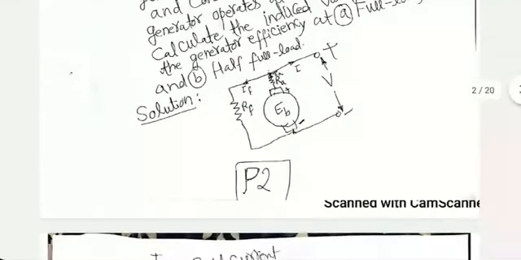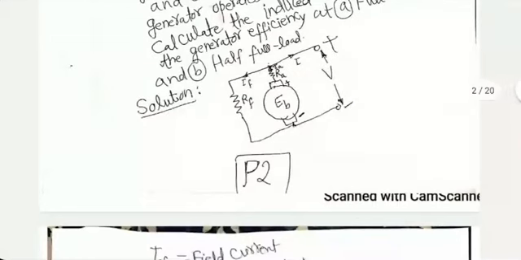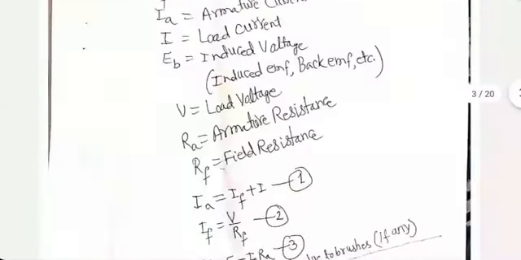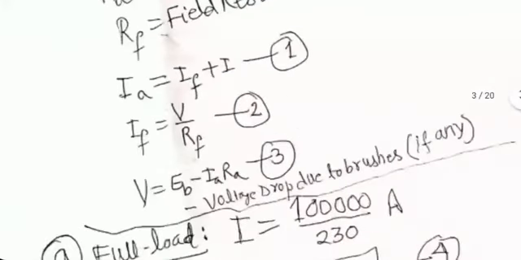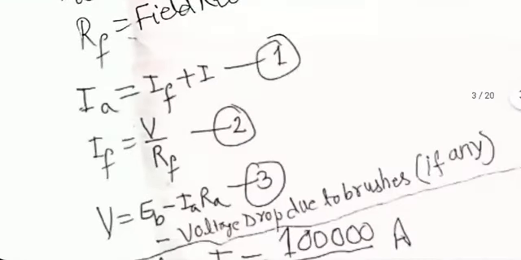If it's not given, ignore it. That will give you the load voltage. So these are the three governing equations for shunt wound DC generators. There's no need to memorize it. They are almost obvious.